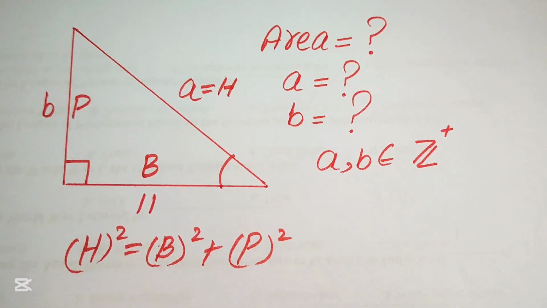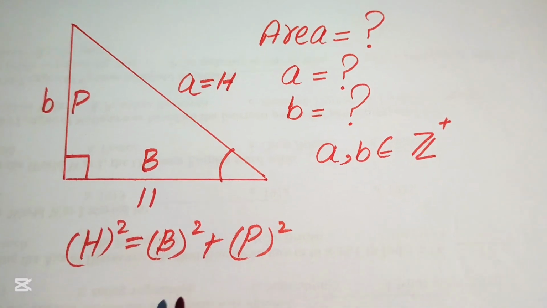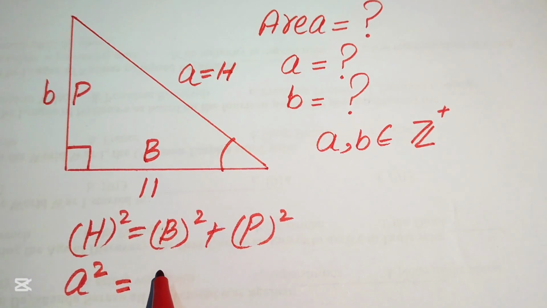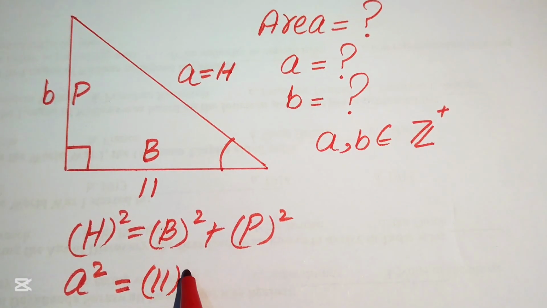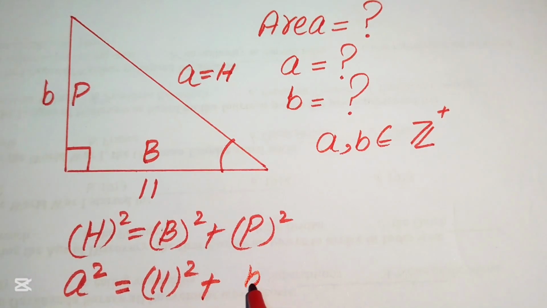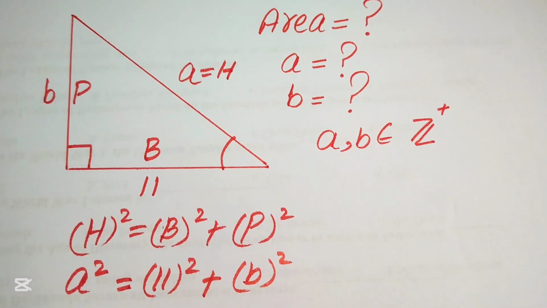Now we need to substitute the values of H, B and P. The value of H is A, so it becomes A square. The value of the base is 11 square, and the value of P is B square.